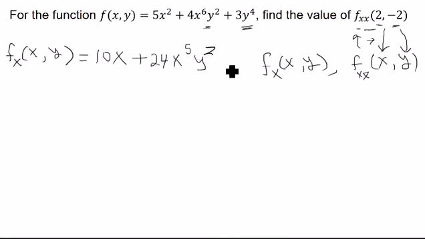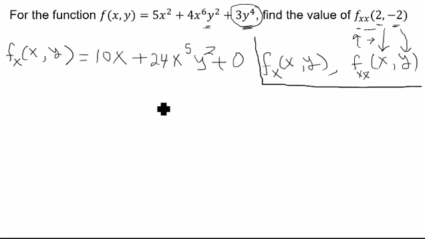So there is no change in the y variable at this time. And the last term is a purely y dependent term, meaning there is no x variable involved in it. So the derivative of this entire term with respect to x is going to be 0, and that 0 is really going to disappear.